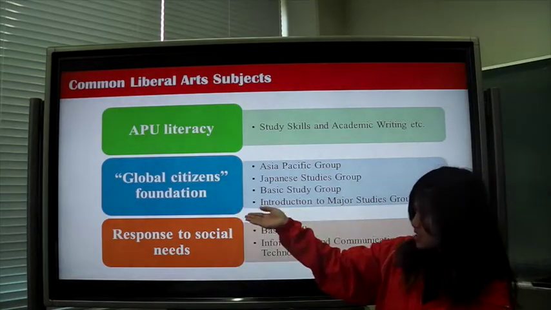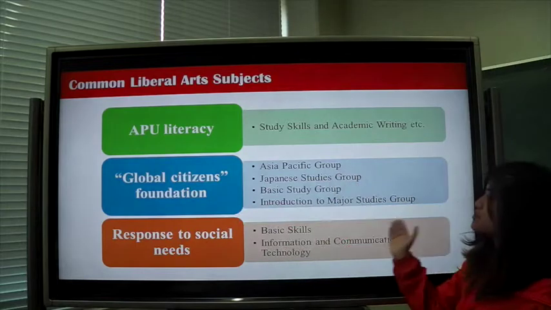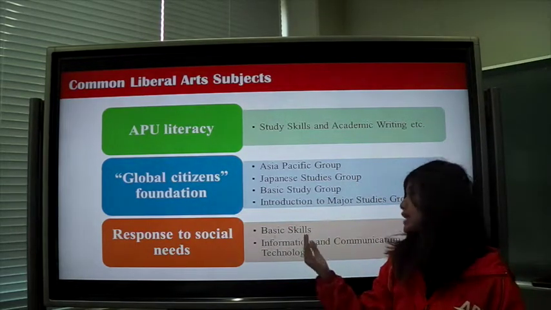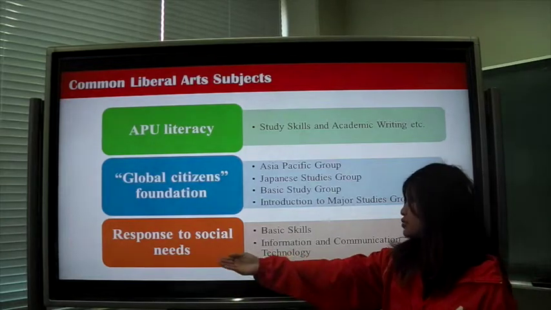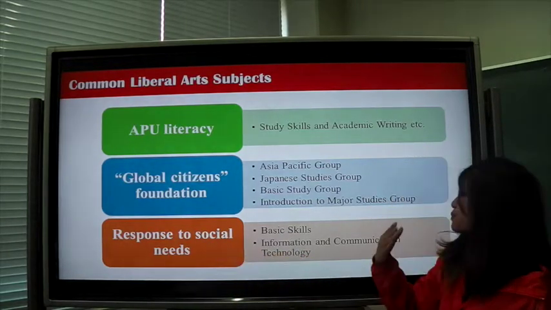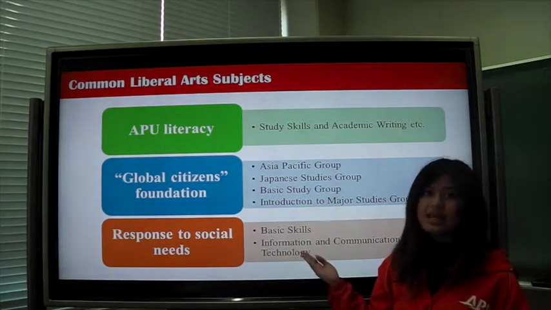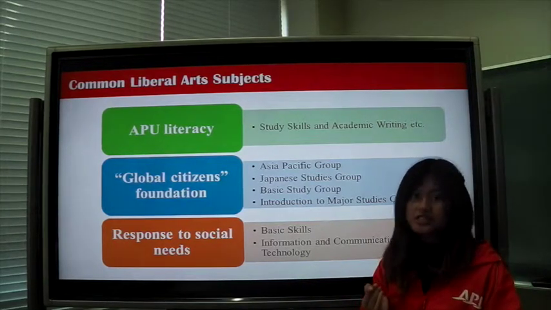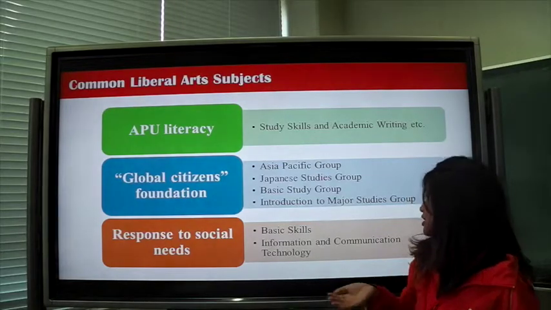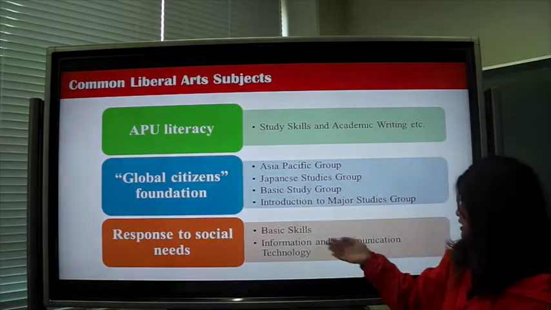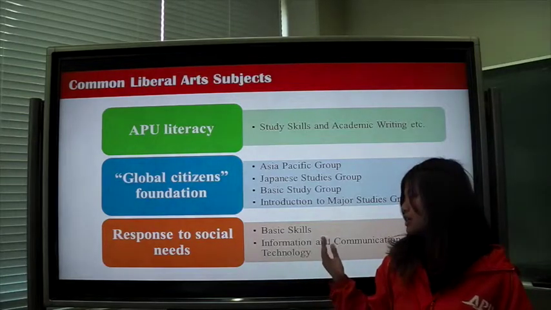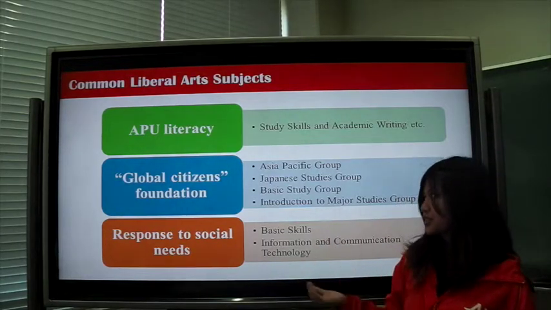Secondly, global citizens foundations, and these subjects are basically focusing on group work. And third, you will have your response to social needs, improving your basic skills, for example, communication and negotiation skills. And further on, you will have information and communication technology. In other words, your computer skills.